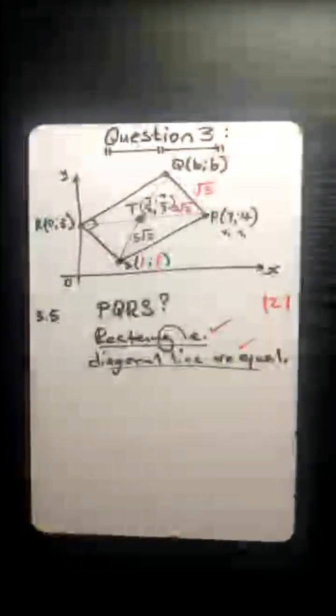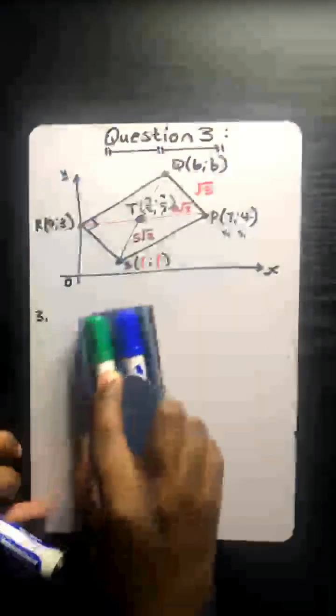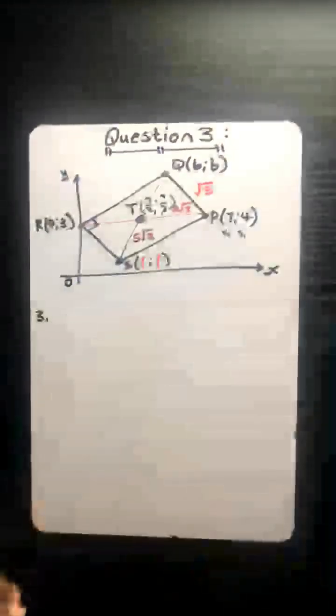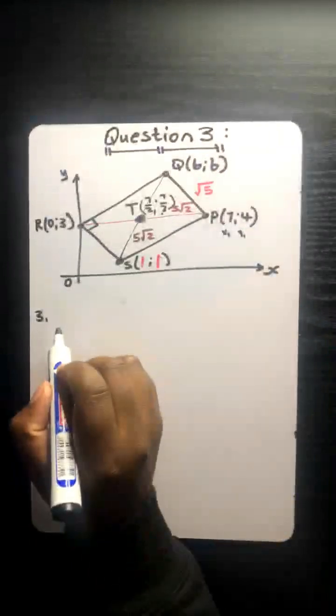Okay, 100%. So now I'm just going to remove all of these and then we move on to question number 3.5. So let's have a look. No, it's not 3.5. I think that we have covered.